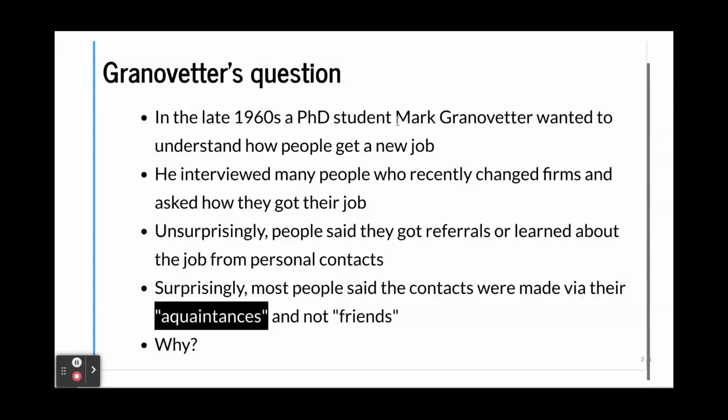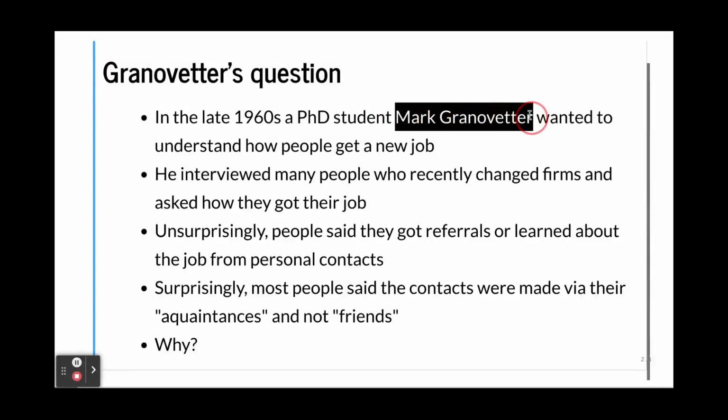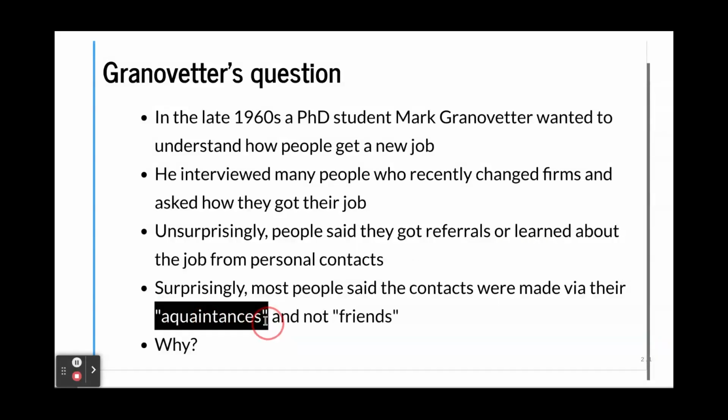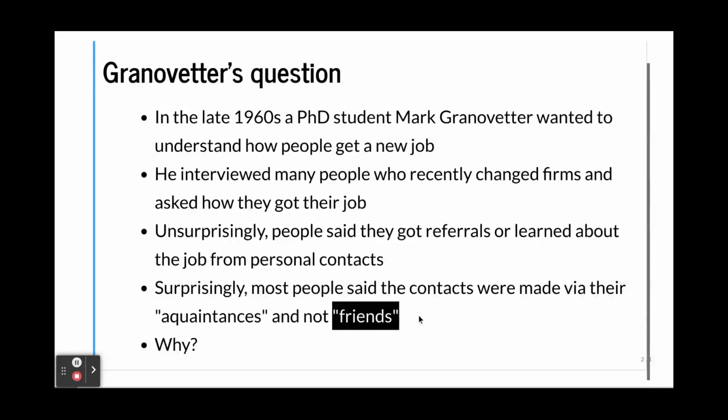And the main finding that Granovetter found was that most new job referrals or learning opportunities for somebody seeking a job came through the acquaintances within their social networks and not necessarily their close friends. What we're going to try to do in this lecture is build up some intuitions for why this may happen.